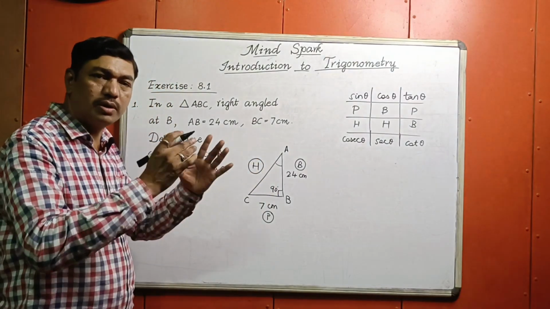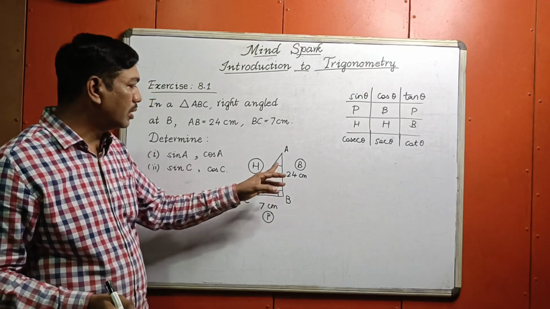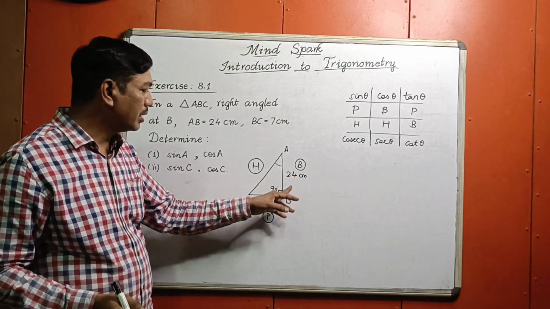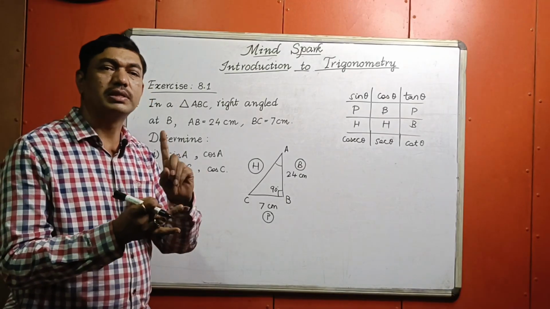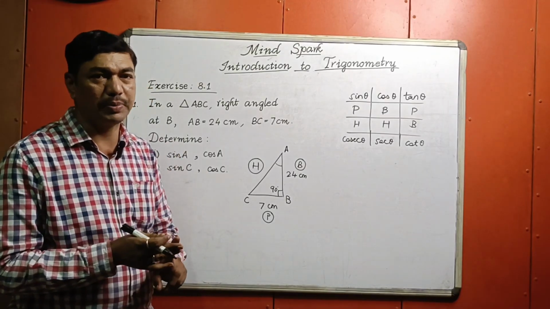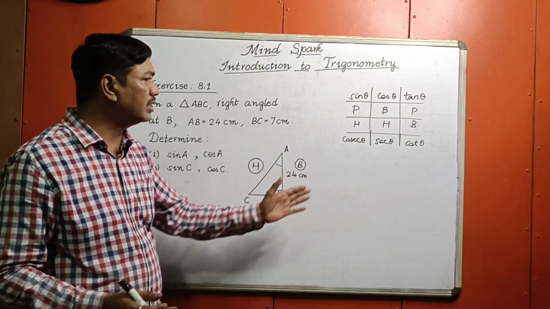Once you name the sides and recognize which is base, which is hypotenuse, and which is perpendicular, then you can easily write all the trigonometrical ratios.